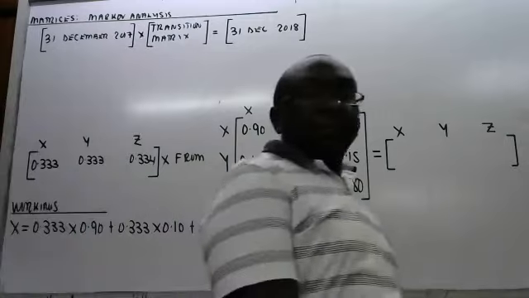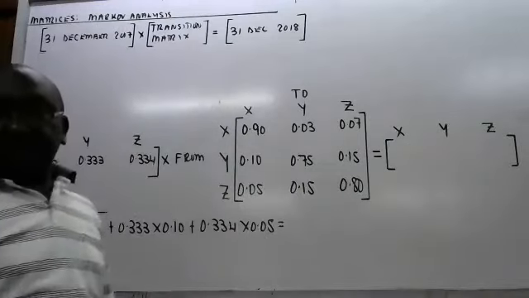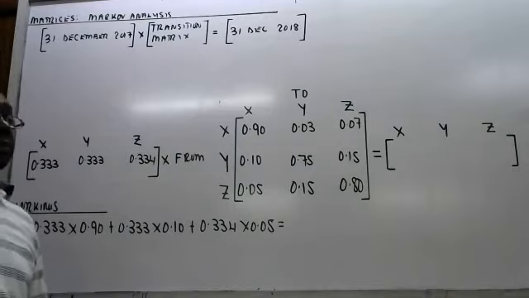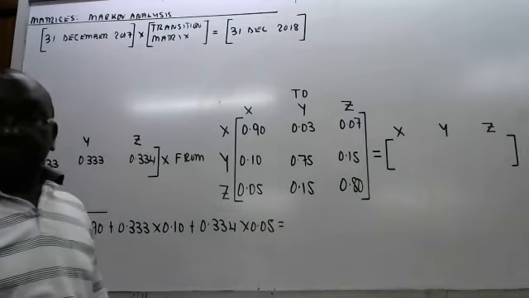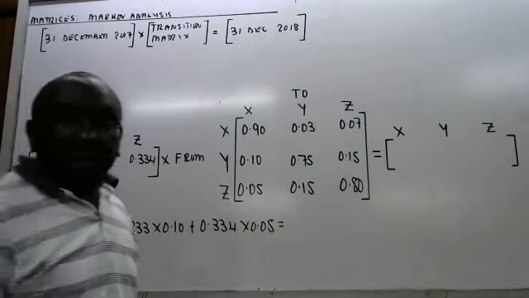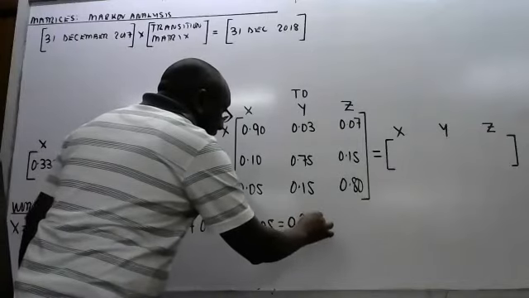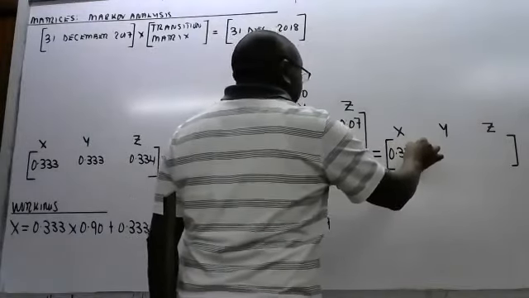Waiting for the answer. Yeah, Jacob has given. Nyongo has given. Yes, so 0.3497. So here we will have 0.3497.